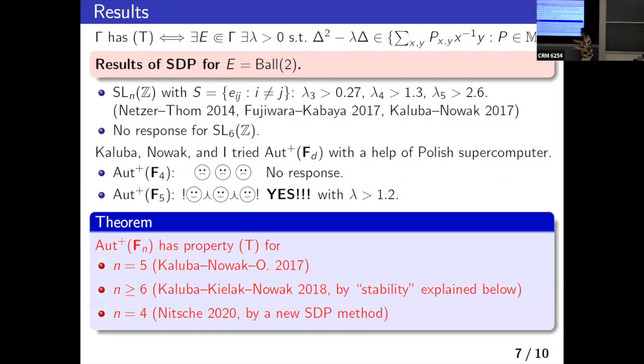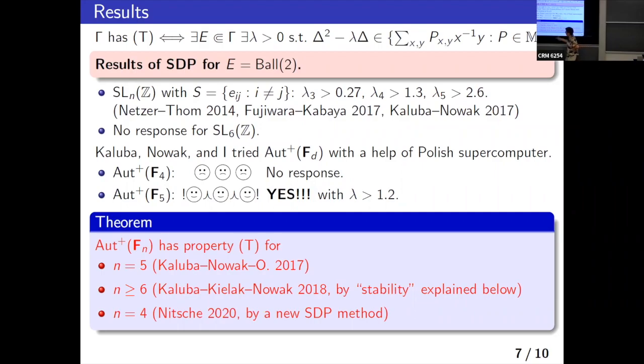Now, the n equal 5 case is solved. For n at least 6, it was solved by Kaluba, Nowak and others by a stability technique, which is what I talked about for property T verification. You can do it one by one; you cannot prove infinitely many at once. So they needed some mathematics here.